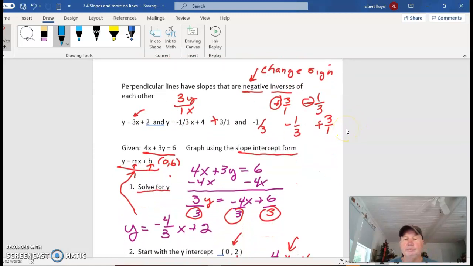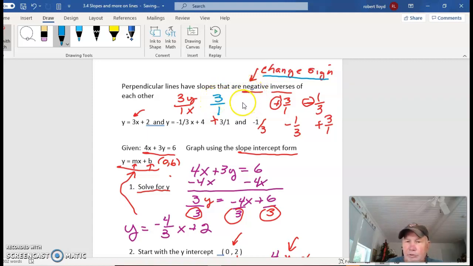Perpendicular lines have negative inverses of each other. This negative means they have the opposite sign. So if we have a slope of 3, remember if you have a whole number for the slope, you want to put it over 1. And we want to get a line perpendicular to it, we have to use the negative first.